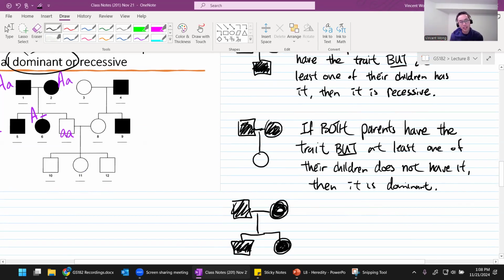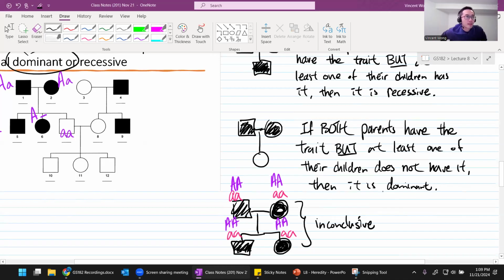Then there's no way to tell whether it's dominant or recessive. If it's recessive, then everybody's little a. But it could be dominant, and they happen to be pure. So in this case, it is inconclusive. More information is needed.